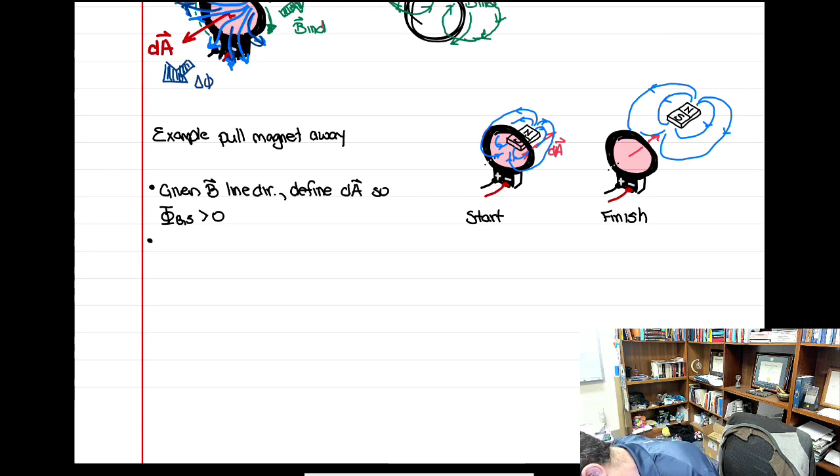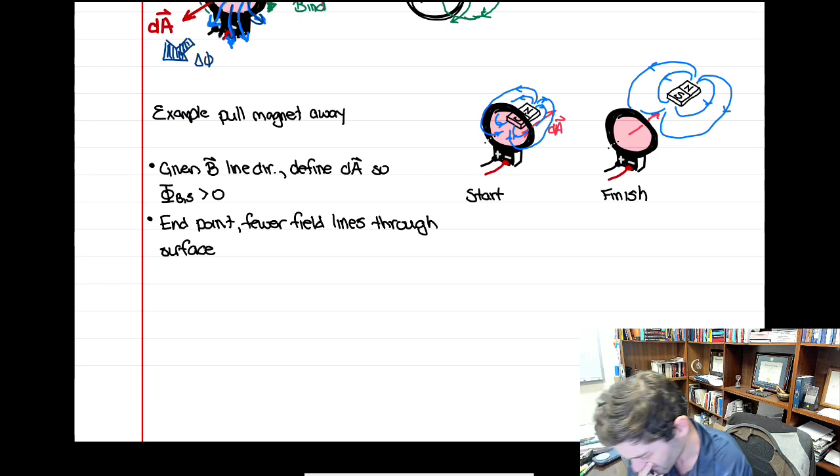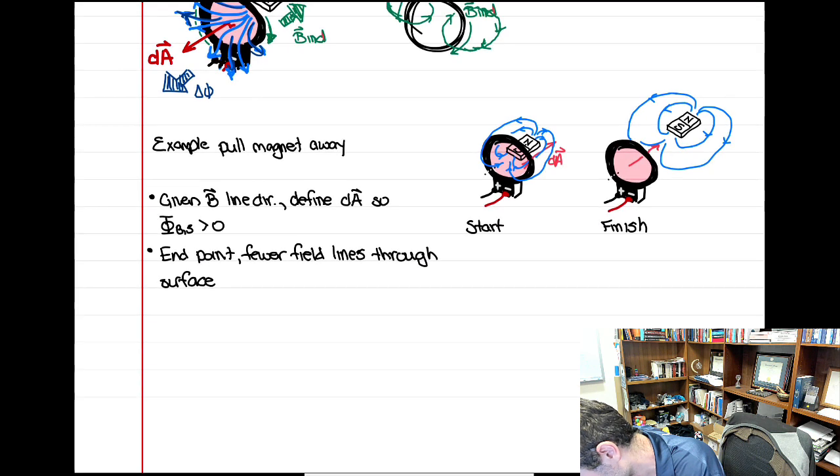So then at the end point, fewer field lines through the surface. They still would be going probably in the right direction, in that if I were to draw more magnetic field lines, right, the next one that goes out might kind of do something like this.